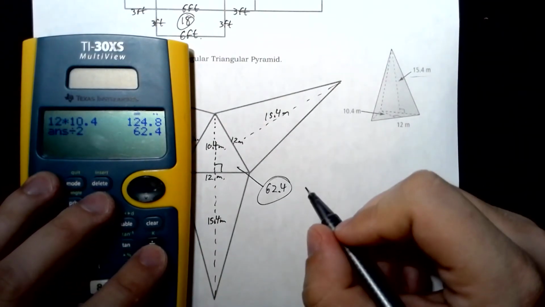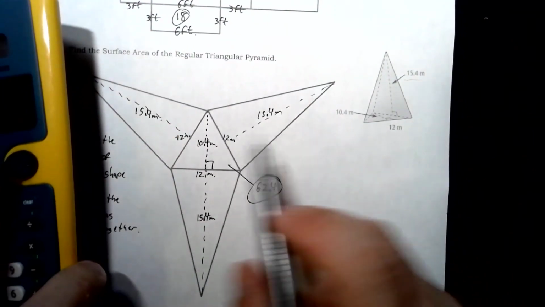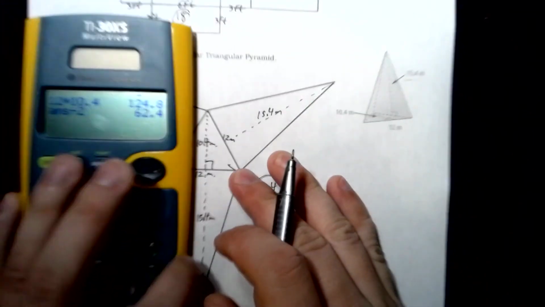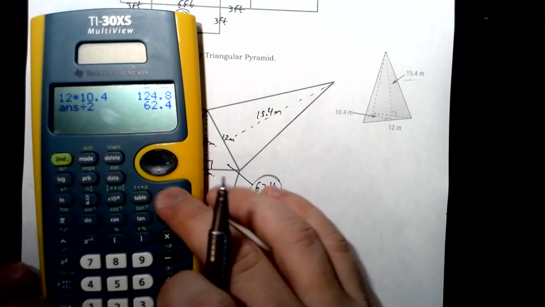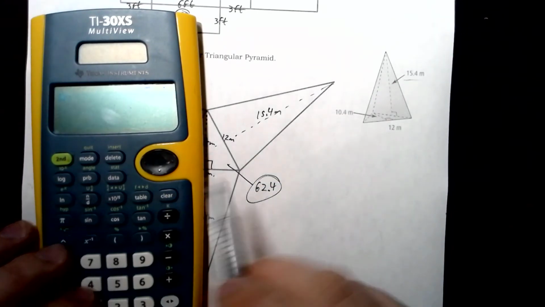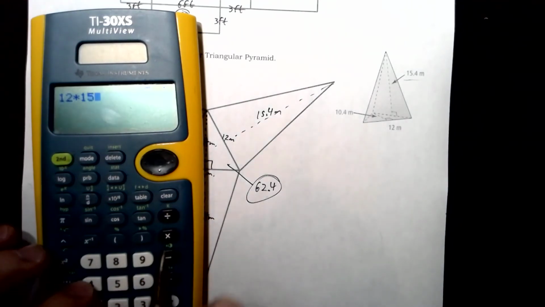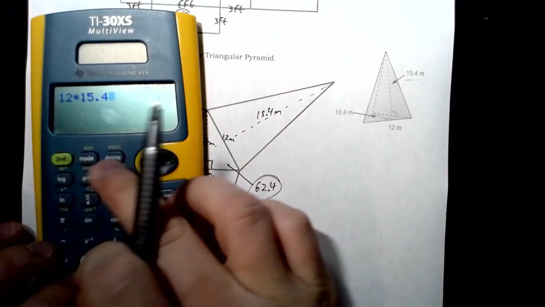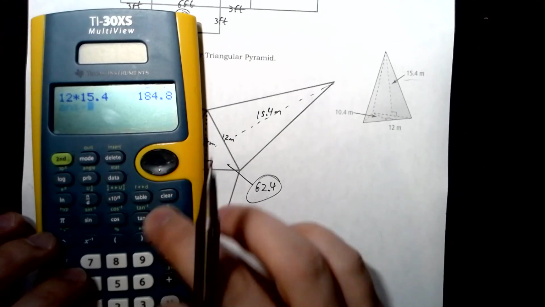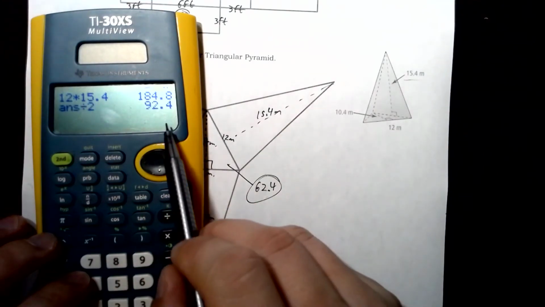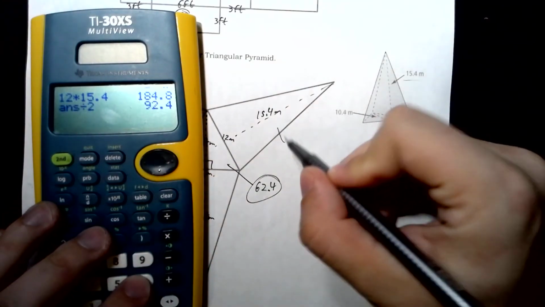And that gives us 62.4 for this triangle. Now, these other three triangles are all going to be exactly the same, so we only need to solve for one of them, and we'll have our answer. So we've got 12 for our base, and 15.4 for our height. So 12 times 15.4 divided by 2, because this is a triangle, we get 92.4.